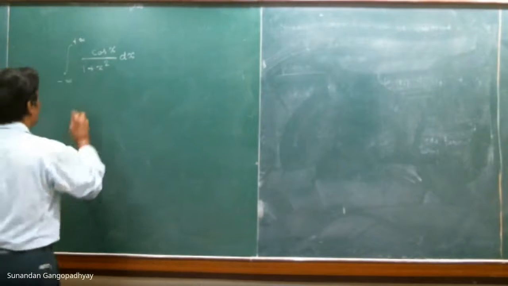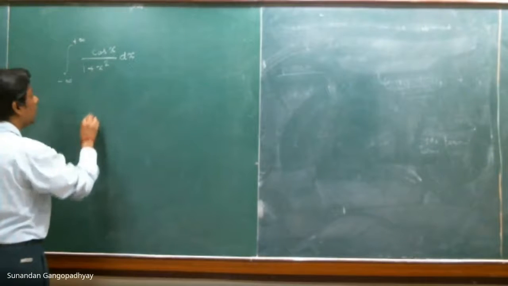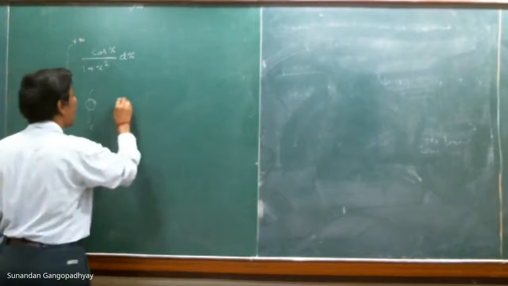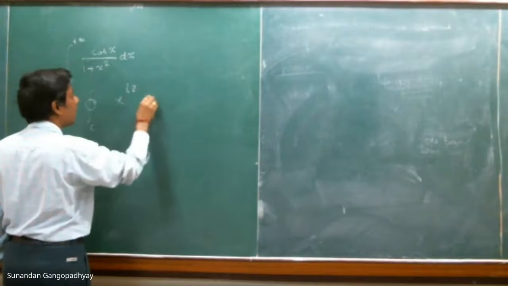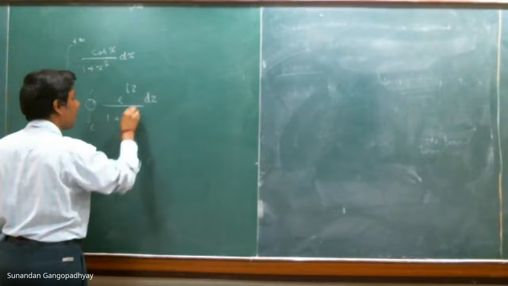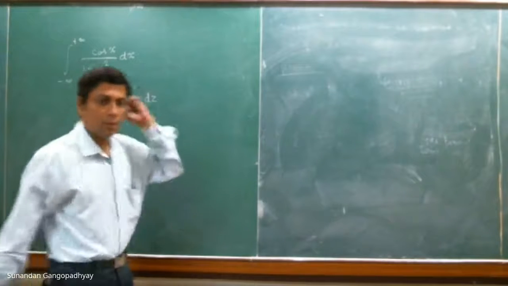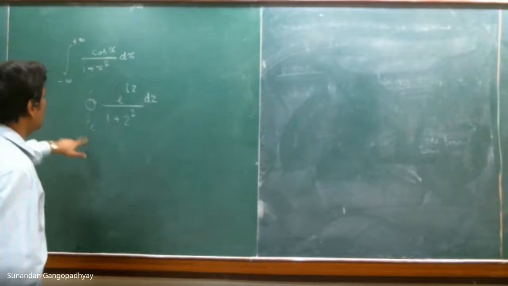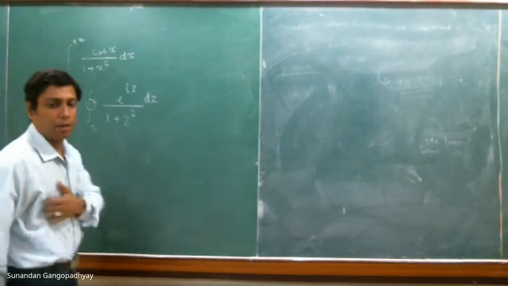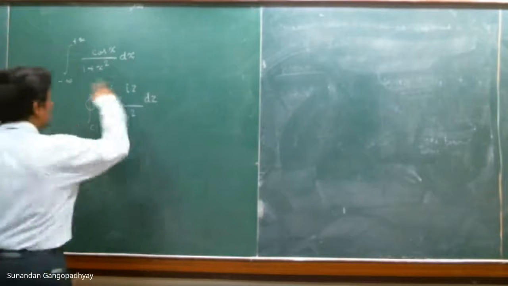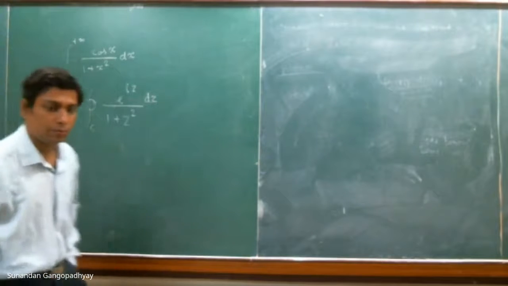So let's see how we can use complex variable analysis to evaluate such an integral. What we shall do first, we shall consider an integral of this form, where z is a complex number. And let us consider this contour integral, this integral over a closed contour.